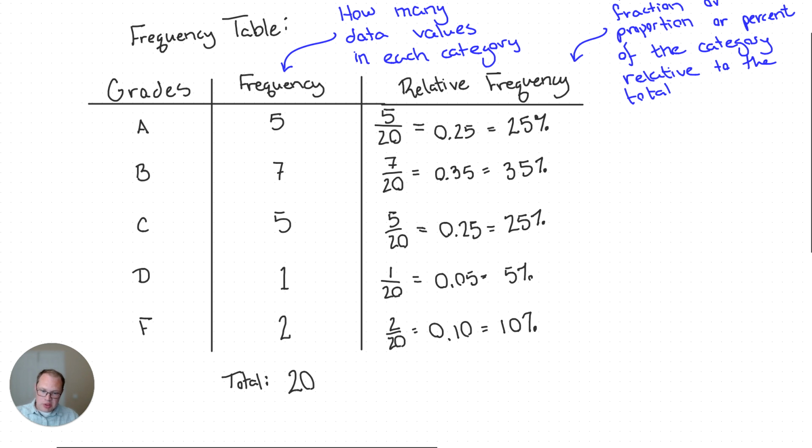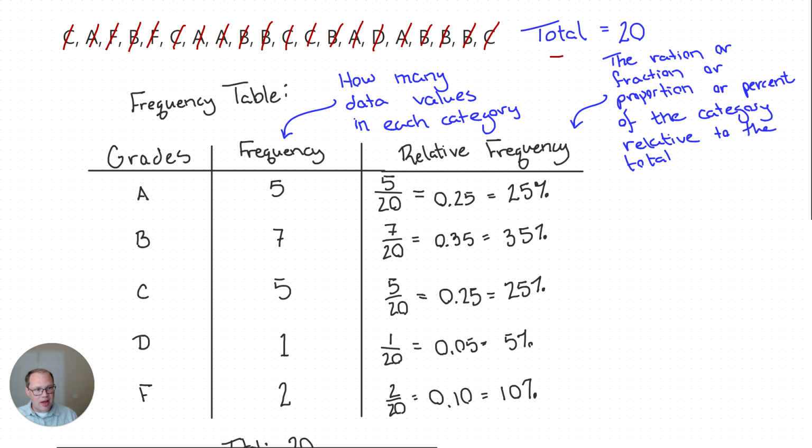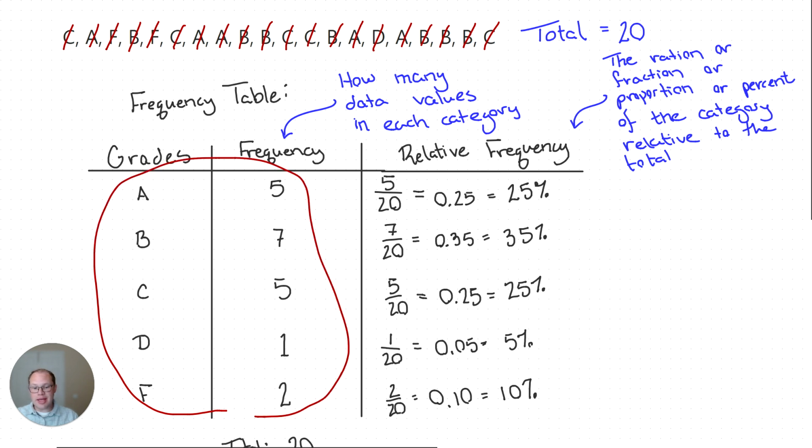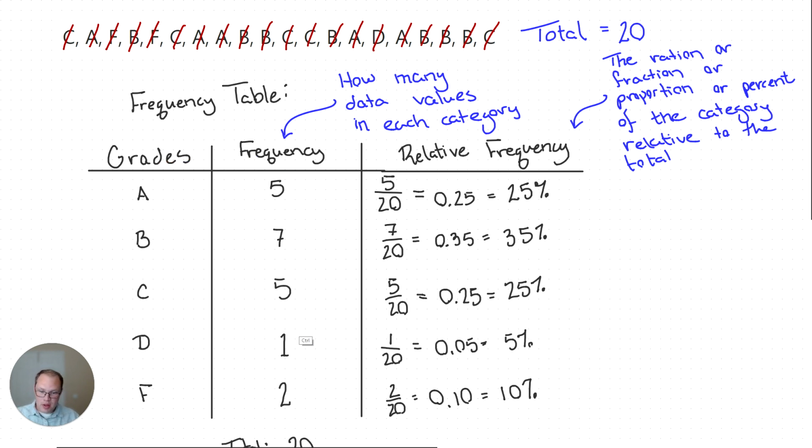Now that number sounds familiar. Where is that from? That is the total number of data values we had, remember? And that makes sense, right? In a frequency table, everything needs to be allocated to exactly one category. So if we add up everything in the frequency column, we're going to get the total number of data values we have. In this case, it was 20.